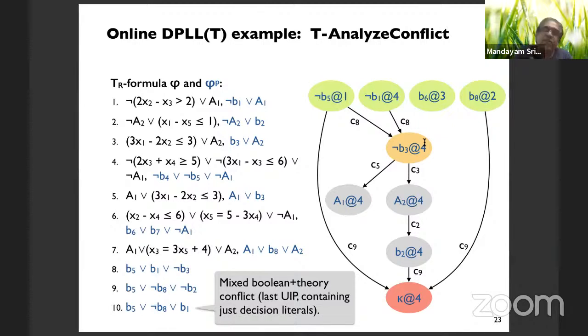I'm showing that only to say that sometimes they also add that, so that you can immediately prevent the decision, which in this case is not B1, that created that theory propagated literal, which is what led to the conflict, okay.